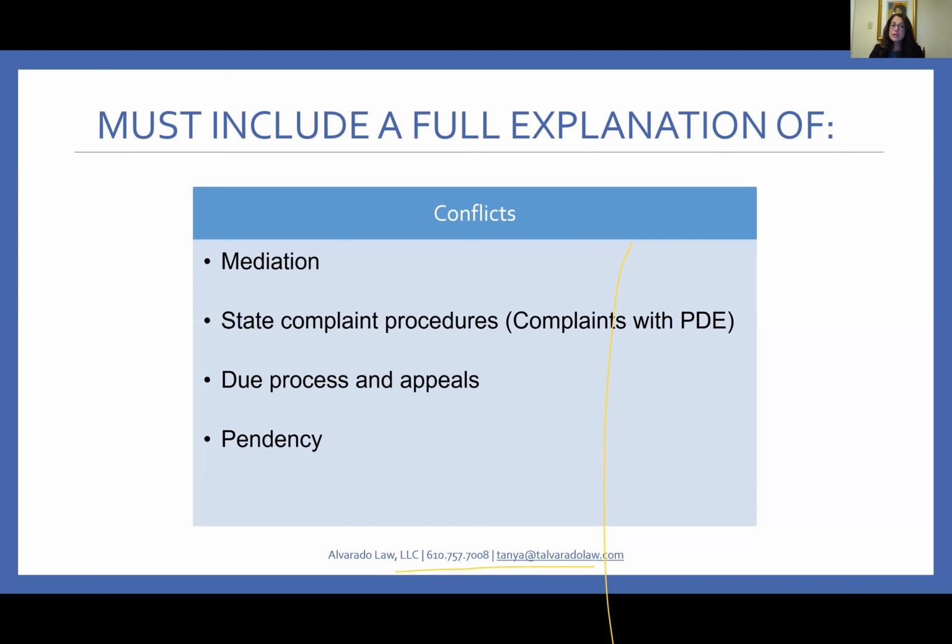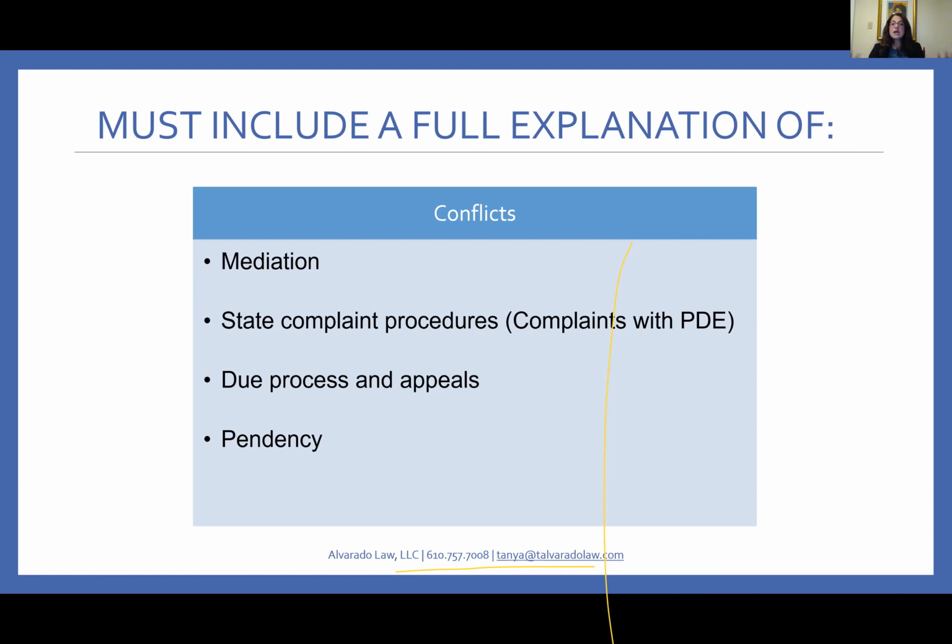On the NORAP, you can ask for mediation or due process that will prevent this from happening. And you have to do it within 10 days of receiving the NORAP. So, if that happens, the change can't occur. So when you're talking about the change isn't going to occur, things are not going to change, that's when we're talking about pendency. What happens when you've asked for mediation or due process so you can stop the change?